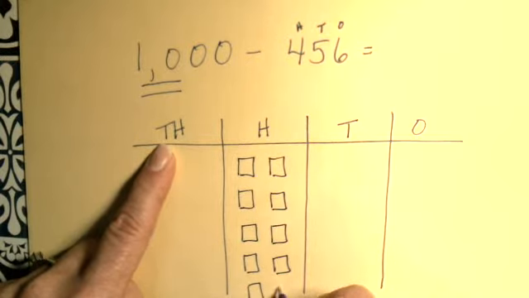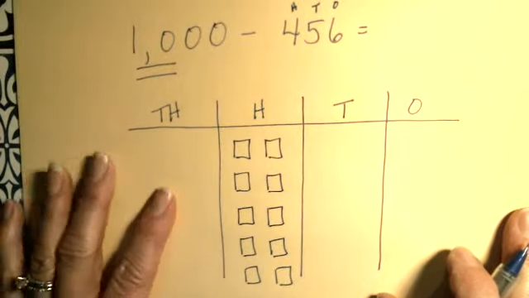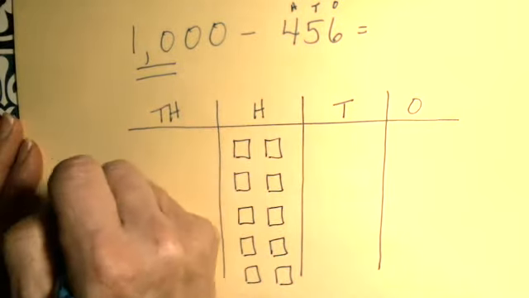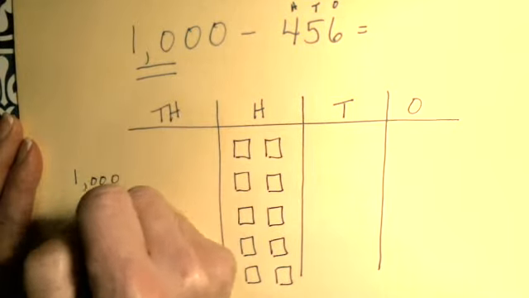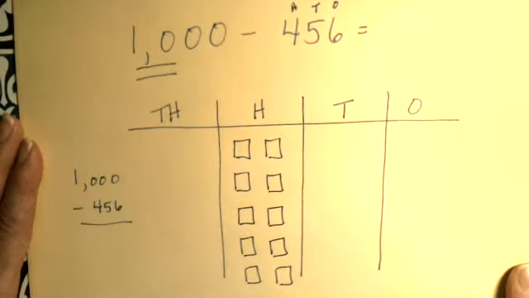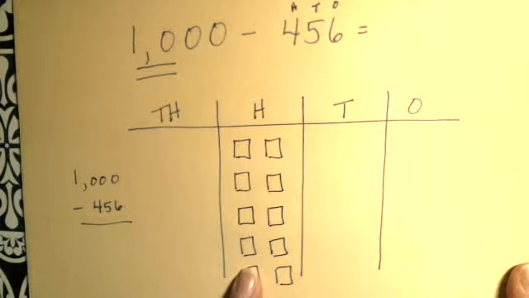Now I know when I write this number out, I can't have 10 hundreds. I'm just putting the 10 hundreds there so that I can subtract. So my problem again is 1,000 minus 456. This is 1,000 or 10 hundreds.